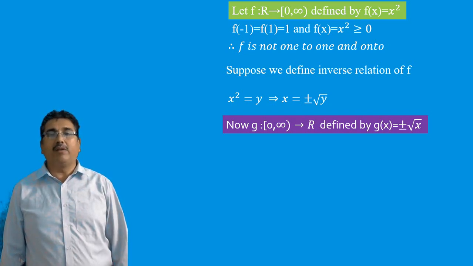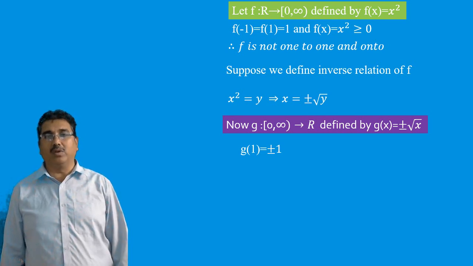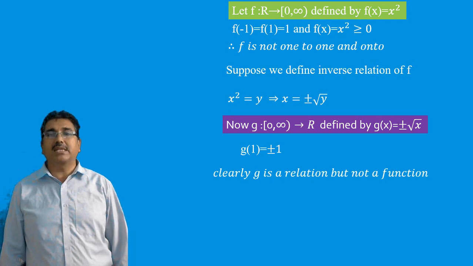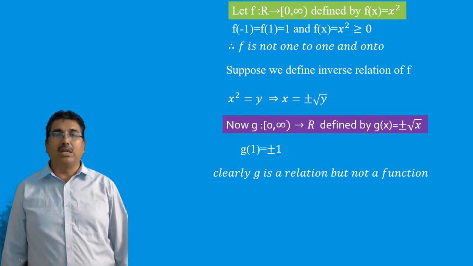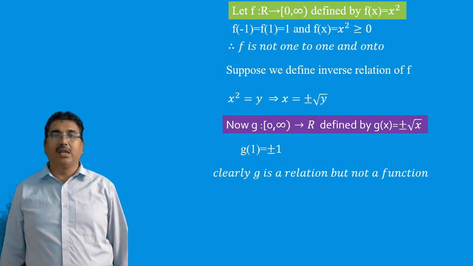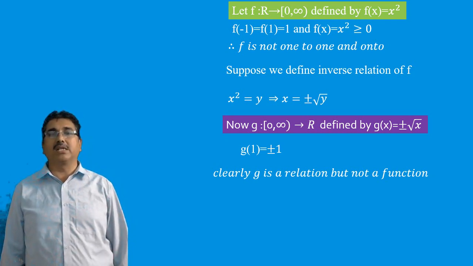Now, g of 1 is equal to plus or minus 1. Therefore, g of x is always double valued. So in this case also, g is just a relation but not a function. In this case also, I am not able to define the inverse of a function. Now, how to define the inverse of a function?